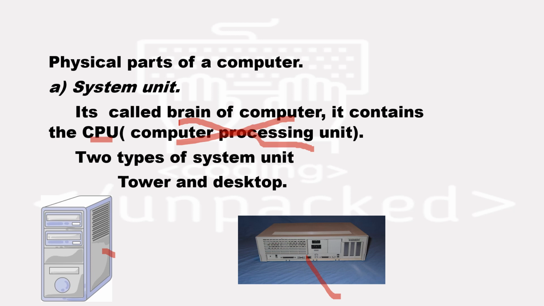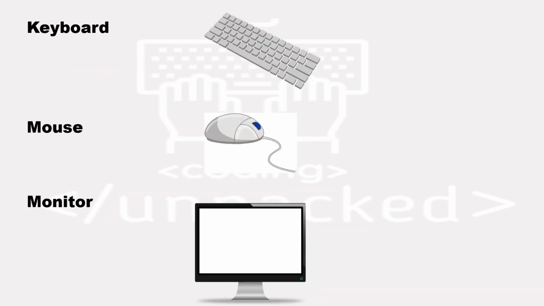They both can be used properly. And then there's the keyboard, which inputs symbols, numbers and letters. There's the mouse that is used for scrolling around. We're going to talk more about it. There is the monitor, which displays your information. It's like a TV.